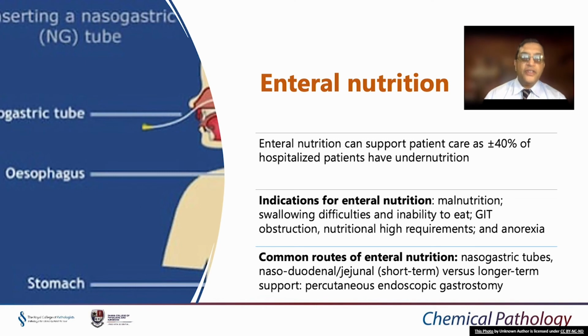For those patients who are inadequately supported by oral feeding, enteral nutrition can help to supplement their needs. This is especially important as approximately 40% of hospitalized patients have undernutrition, and sometimes oral supplementation may be inadequate.